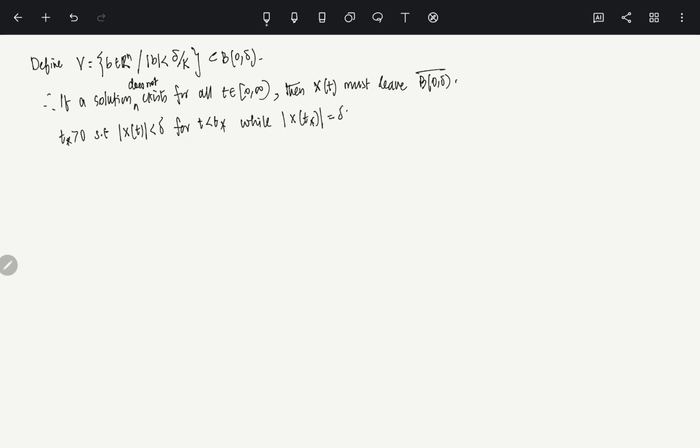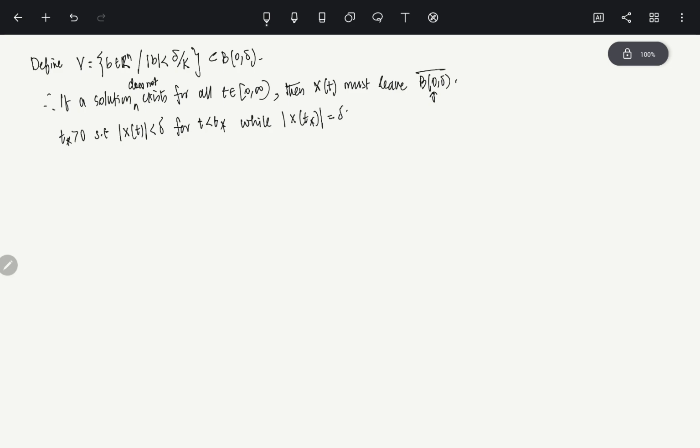Is it okay? So what we are saying is this: there is a t star, and up till t star, for all t less than t star, x(t) is within the ball. Now see, the solution does not exist for all time t. That's what our assumption is. We have to prove it exists for all time t, so we are assuming that it does not exist. In that case it starts from 0, right?